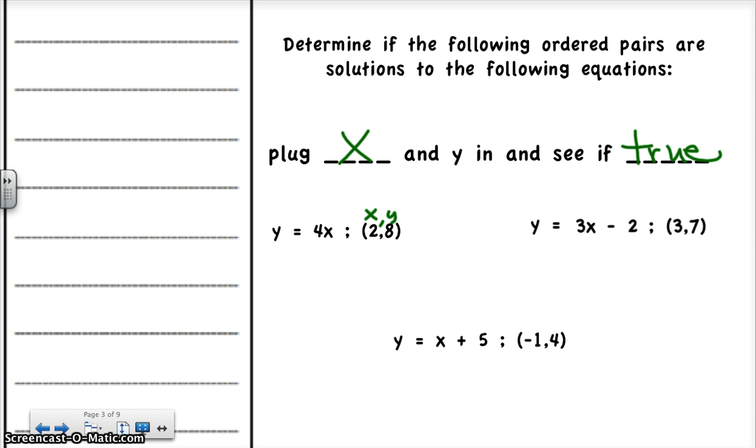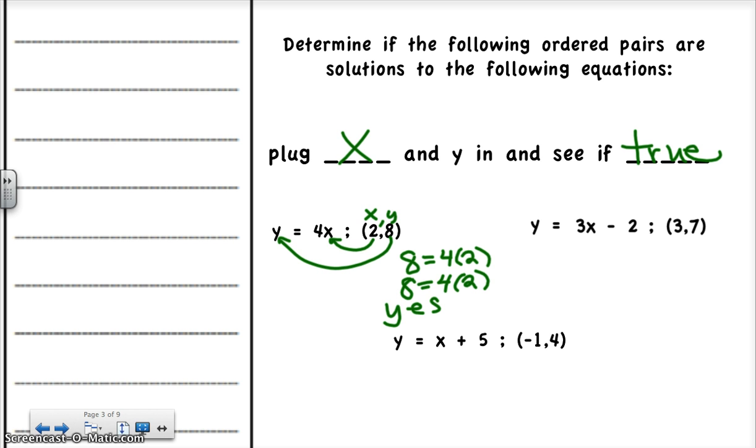So now I'm going to plug 2 where the x is and 8 where the y is. So, plugging in, also known as evaluating, does 8 equal 4 times 2? Yes, it sure does. 8 does equal 4 times 2. So, yes, the point (2, 8) is a solution.